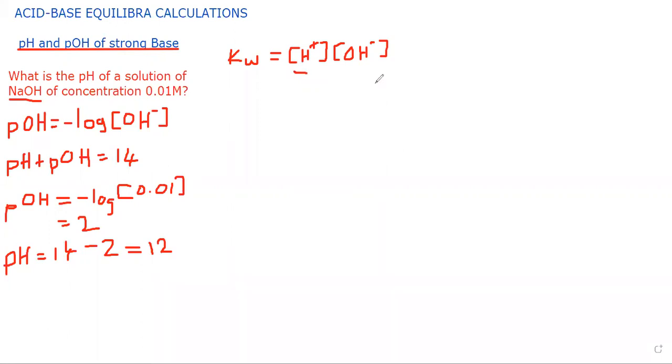So you would simply divide by the hydroxide ion concentration, because in this case, we want to find the H plus concentration.